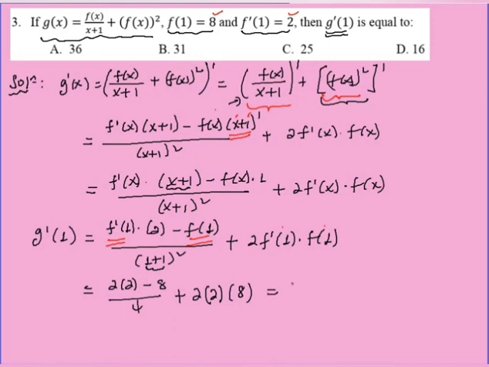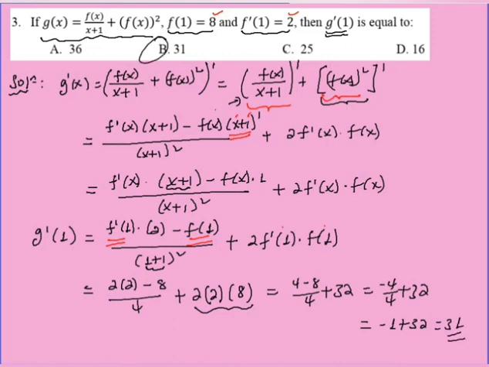So this becomes 4 minus 8 over 4 plus the whole thing, which is 32. This becomes minus 4 over 4 plus 32. The result is minus 1 plus 32. So the result is 31. So the derivative of g at 1 is 31.